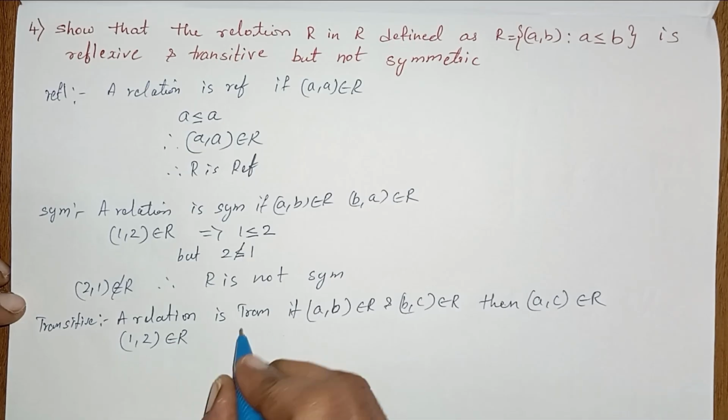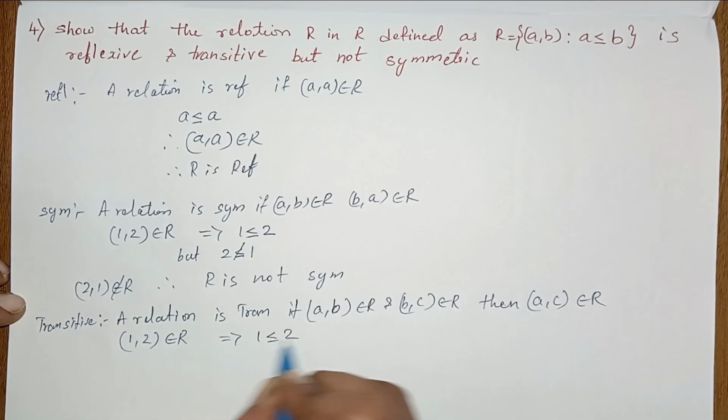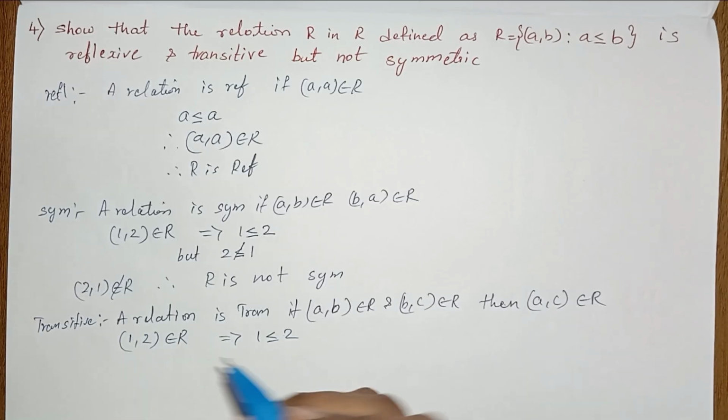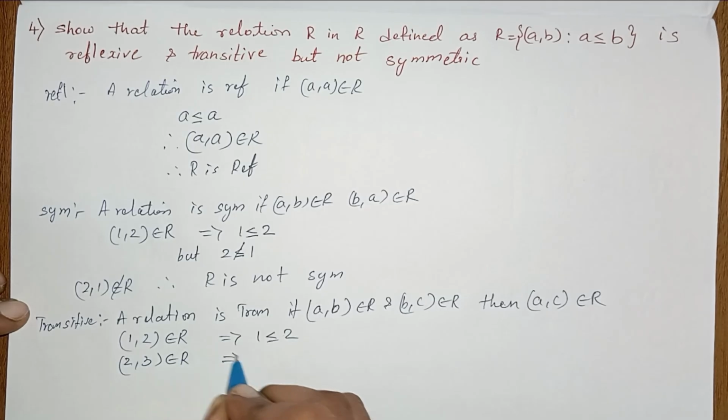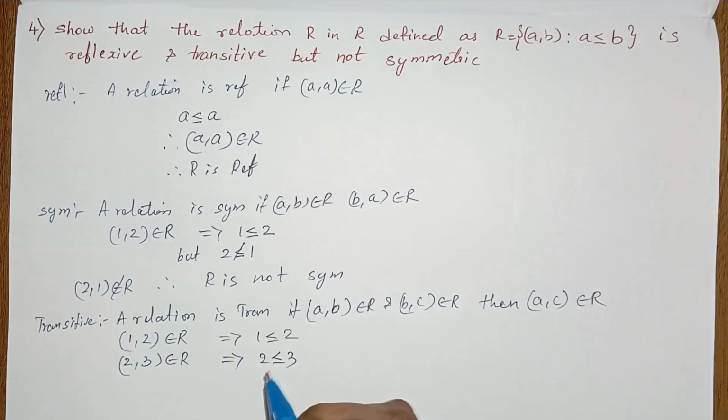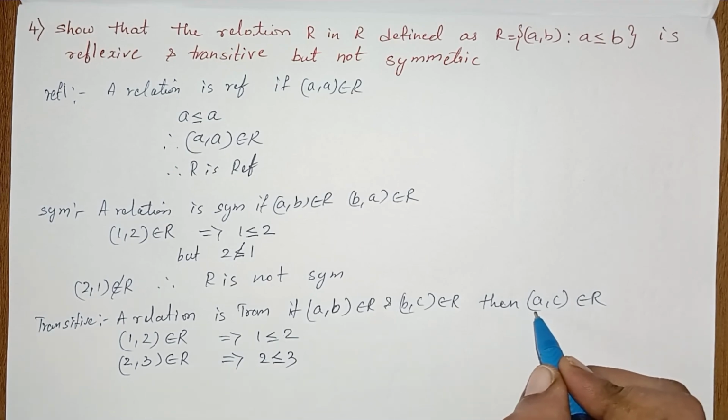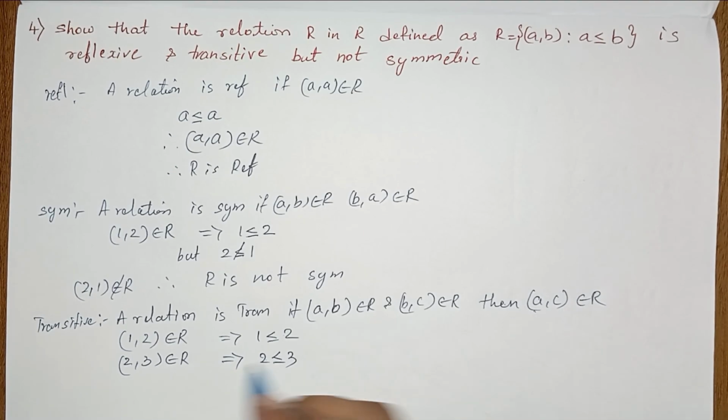So 1 comma 2 belongs to R, that implies that 1 is less than 2. Now if we take 2 comma 3, 2 comma 3 belongs to R, this implies that 2 is less than 3. Next we have to check for a comma c.